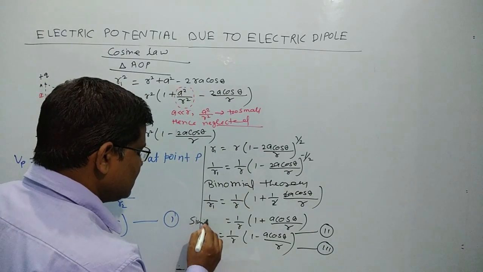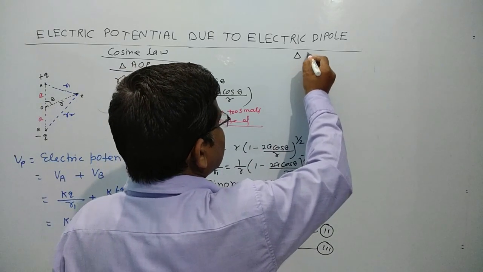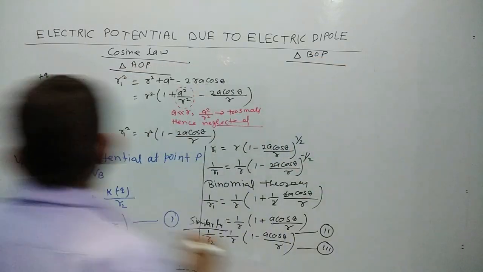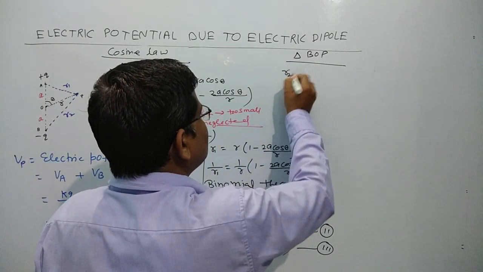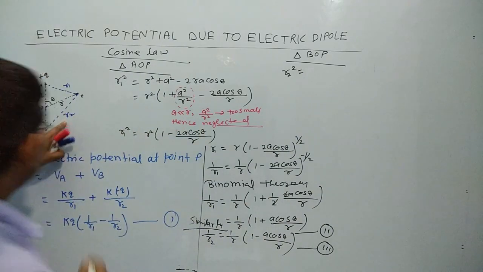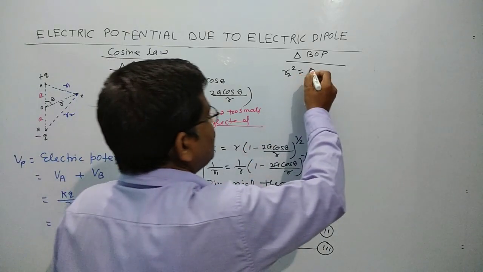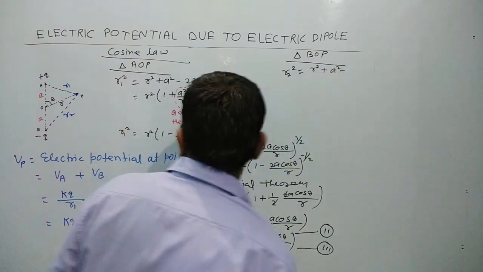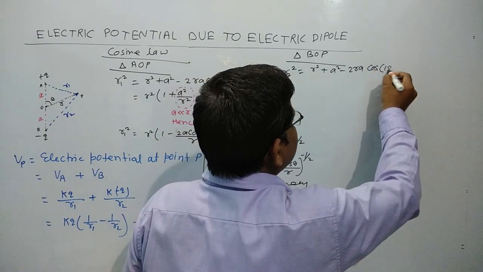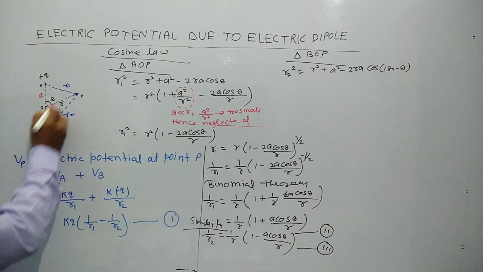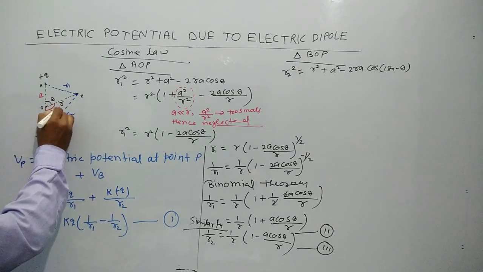Here similarly, in triangle BOP, R2 square is equal to R square plus A square minus 2RA cos (180 minus theta), since the sides are A and R, R2 is the third side, and the including angle is 180 minus theta.